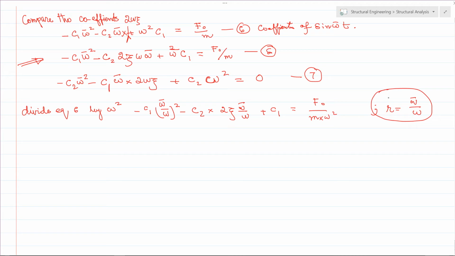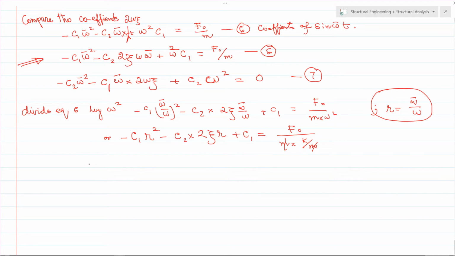So if we substitute this value, we will get minus C1 times R square minus C2 times 2 xc into R plus C1 is equal to F naught divided by m times omega square. Omega square is nothing but k over m, so m and m will cancel out.